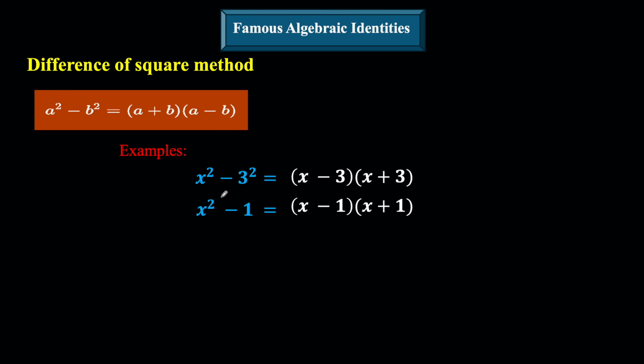Let's see another example for the same method. x squared minus 1. Even if 1 does not have a visible square, you can say it is automatically a square. That's why we apply the same formula: (x minus 1) multiplied by (x plus 1).